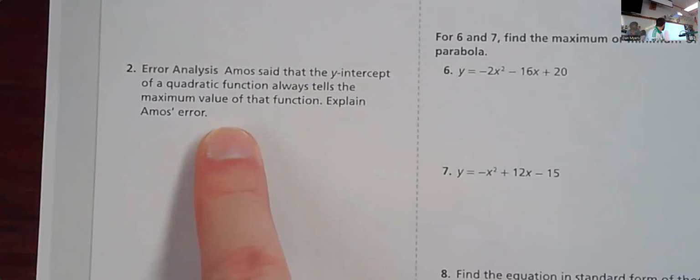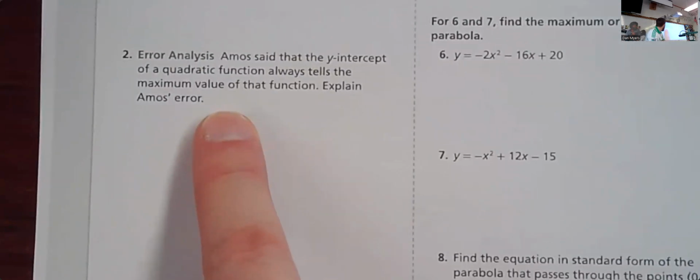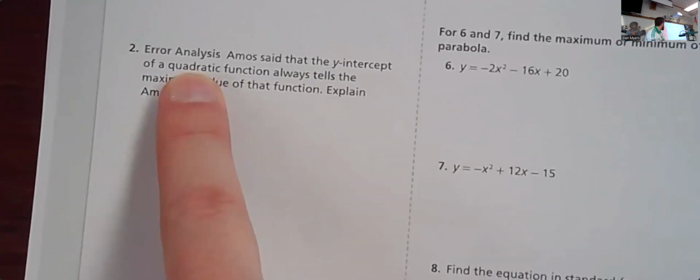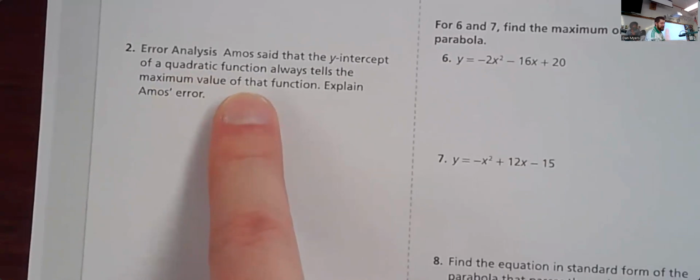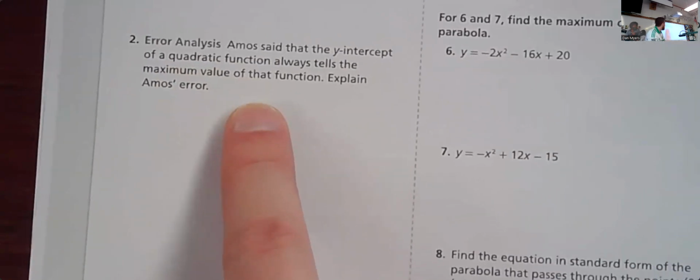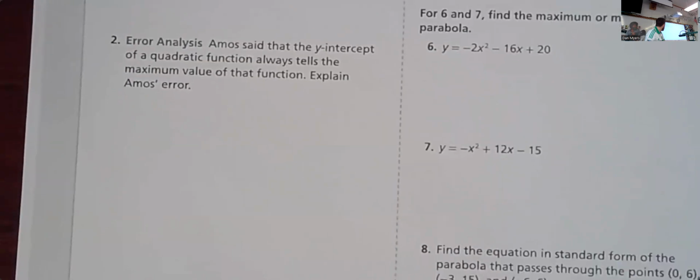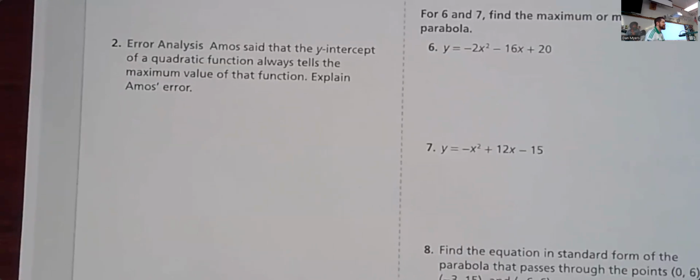How about this? Amos says that the y-intercept of a quadratic function always tells the maximum value of that function. It says error analysis, so we know that's wrong. Why is the y-intercept not always the maximum value? Yeah, well, that and the fact that the maximum or the minimum of a quadratic function is what point of the function?